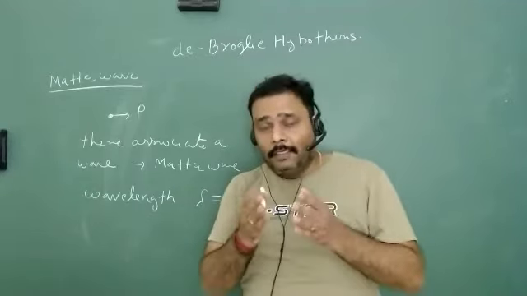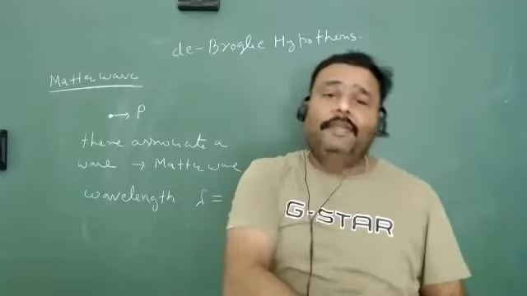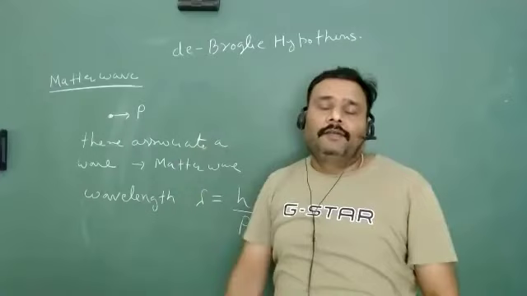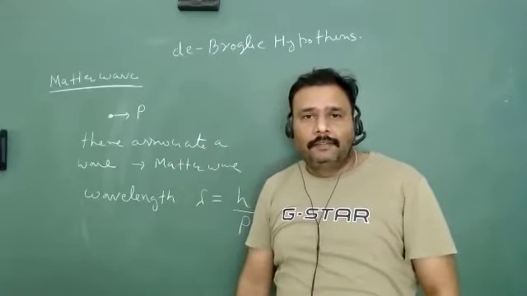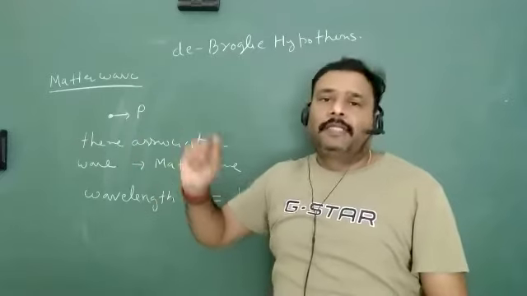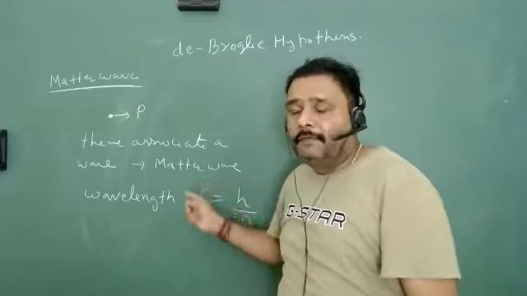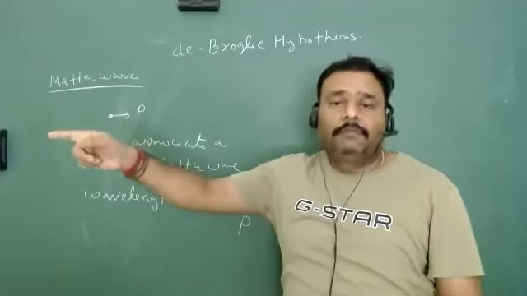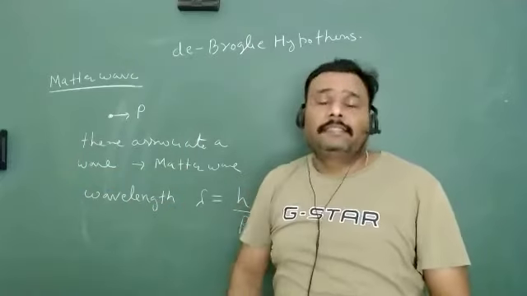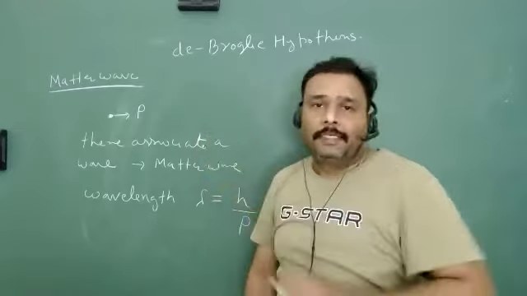But you will be surprised that there are experimental verifications of this wavelength, that you can do with an interference pattern. If a wave is associated, then it should give an interference pattern and a diffraction pattern, and you will be surprised that the electron will give the interference pattern.